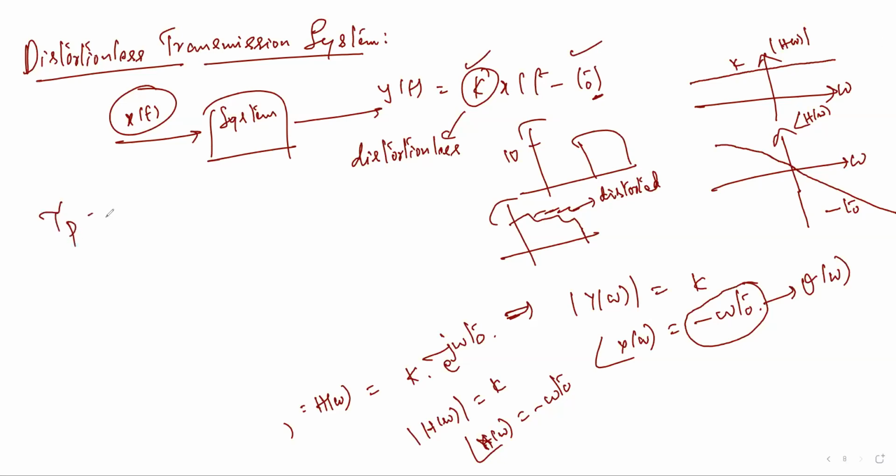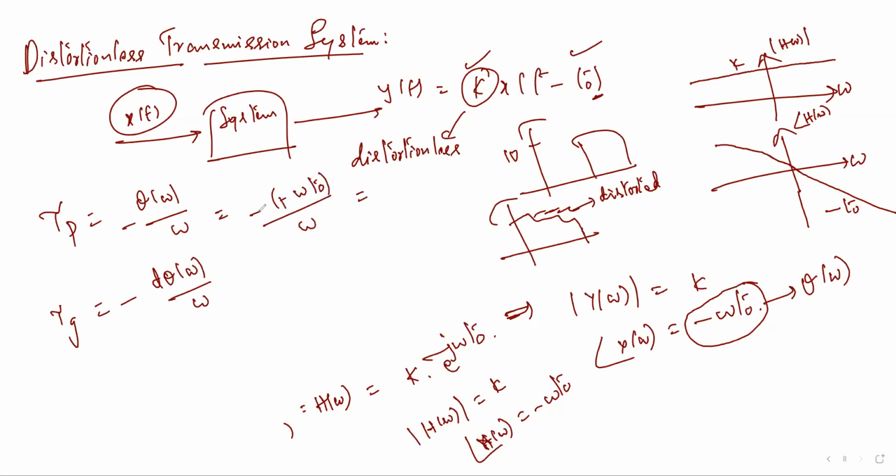Phase delay formula is minus theta of omega by omega, and group delay formula is minus d theta of omega by d omega. So this is minus theta of omega by omega. Theta of omega is minus omega t naught, divided by omega. The minus minus cancels, omega omega cancels. We have t naught.